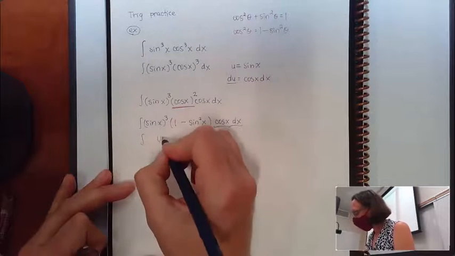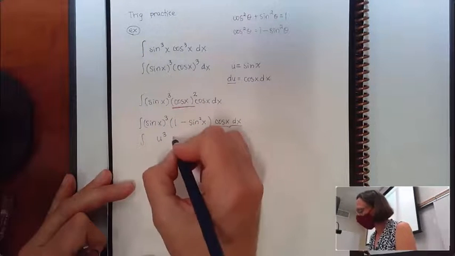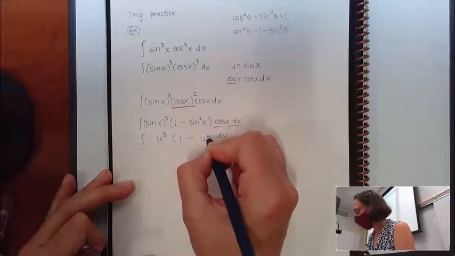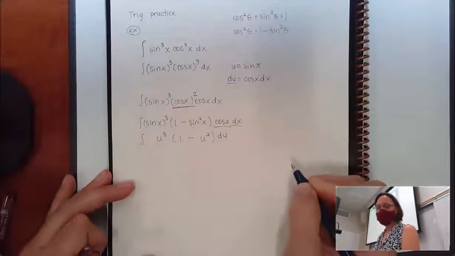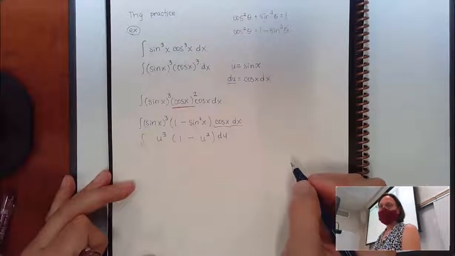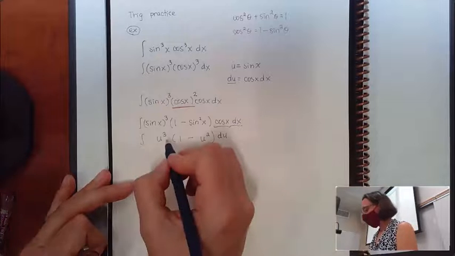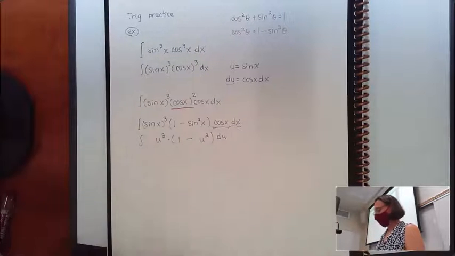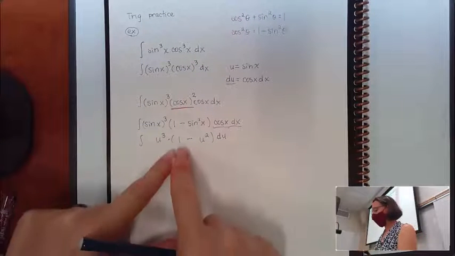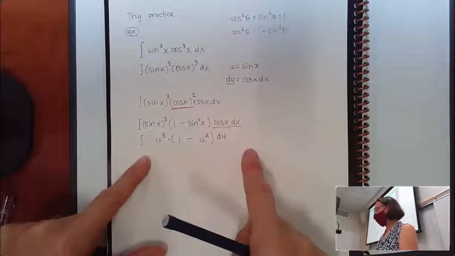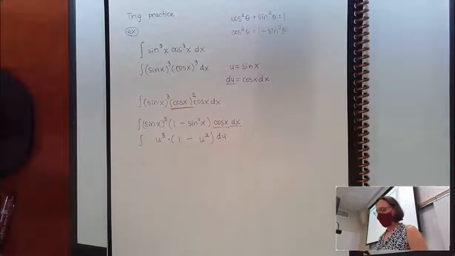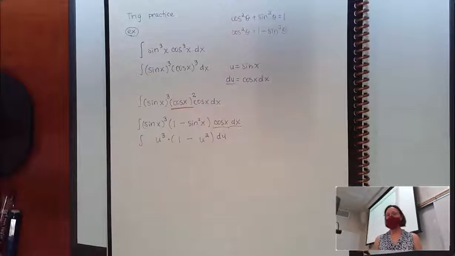Sine cubed is like u cubed, and 1 minus sine squared is 1 minus u squared. I will give you all a minute or two to finish that off. My recommendation is to distribute the u cubed.